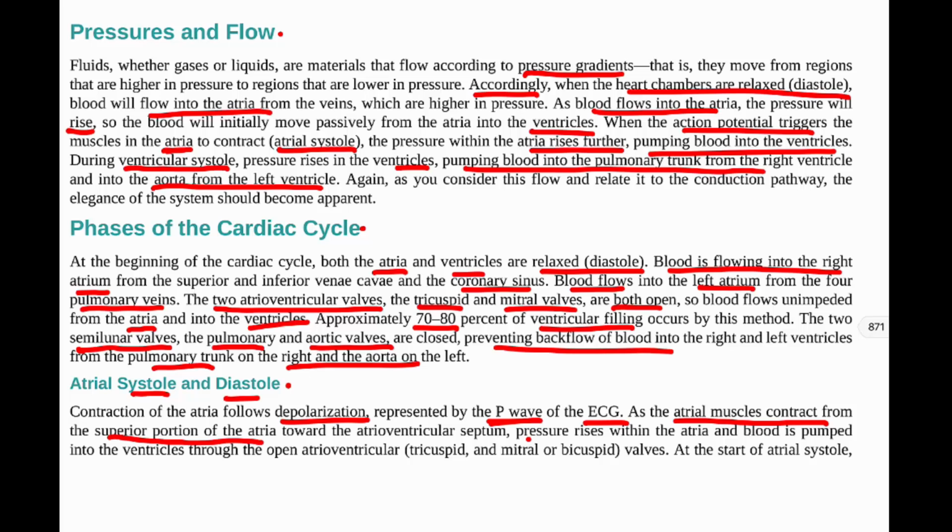The pressure rises within the atrium, and then blood is pumped into the ventricles through the open atrioventricular valve. So on the right side, we're talking about the tricuspid, and on the left side, we're talking about the bicuspid.